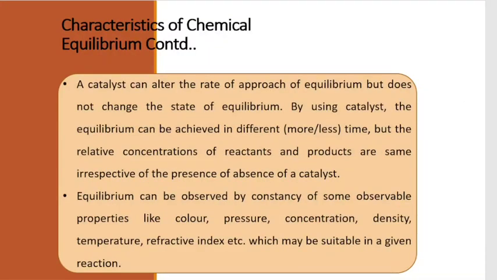And the third characteristic point is about the catalyst. Suppose we use a catalyst in the reversible reaction. We know already about the catalyst, which changes the rate of reaction, which increases the rate of the reaction. Here, if we add a catalyst to a reaction vessel, then it increases both the forward reaction rate and backward reaction rate to the same extent.